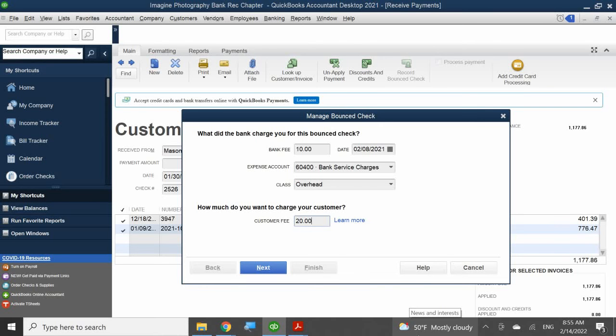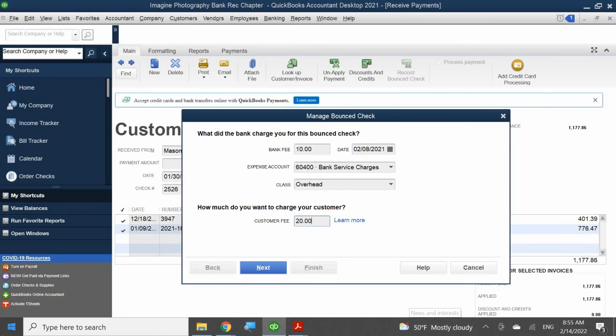Usually that's what happens with a lot of businesses: if you're late on a payment, or you didn't pay at all, or you end up writing a faulty check, your minimum payment goes up and so does your interest. So this is another means of charging your customer for that penalty, whether it's a late fee or a faulty check.